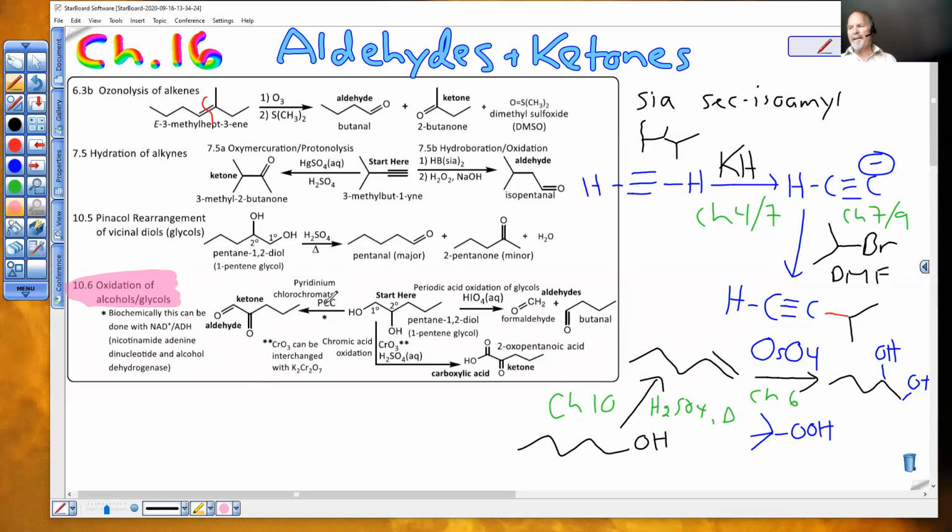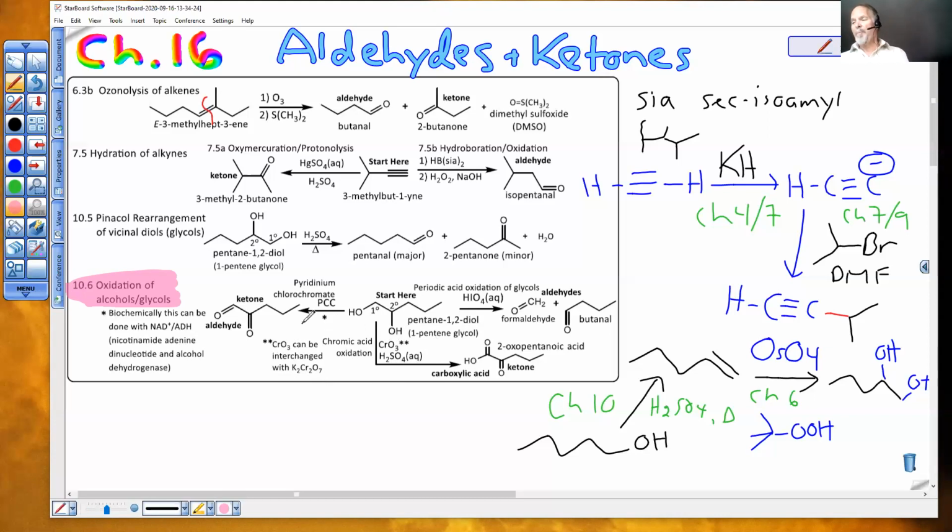PCC is the only thing that can do that. We need to know how to make secondary alcohols into ketones. PCC will also do that. You need to review that primary alcohols, if you use chromic acid, once again, this combination makes chromic acid, and the combination where you replace this chemical with K2Cr2O7 also makes chromic acid.